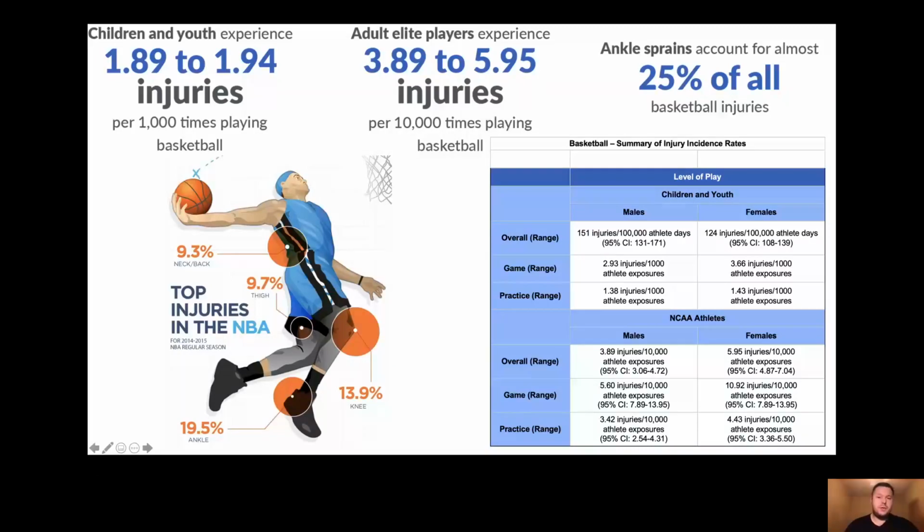And there is also a statistics of the top injuries in the NBA for the season of 2014 and 2015. As you see, knee and ankle are the most common injuries in the body. For those who are interested in the statistical information, you can analyze the injury incidence rates in children and youth and NCAA athletes: overall rate, game rate, practice rate.